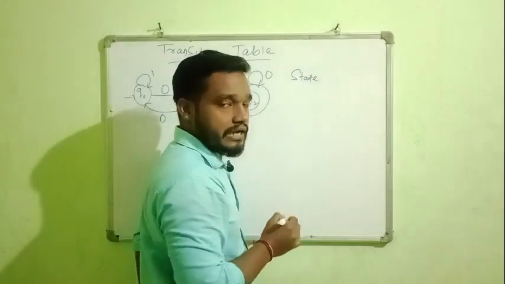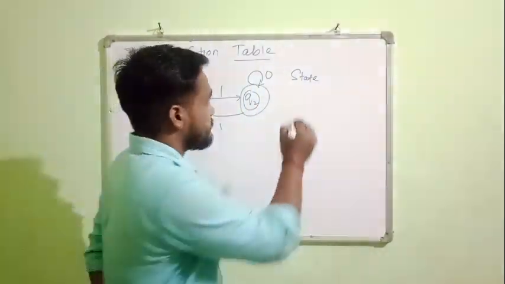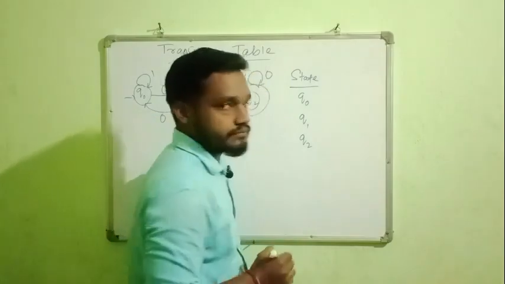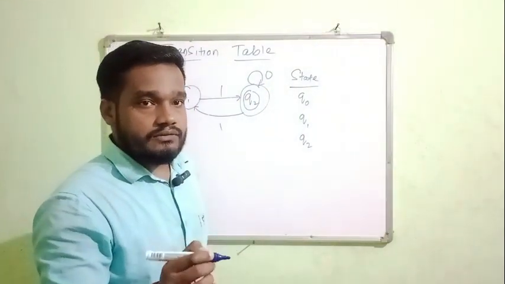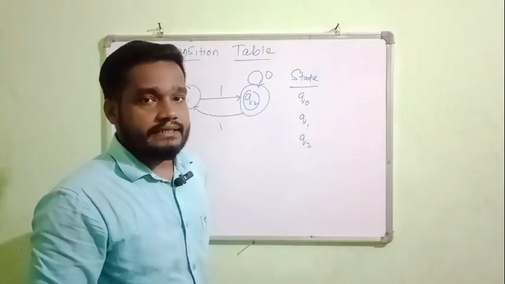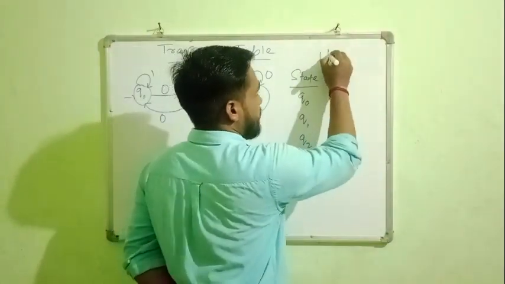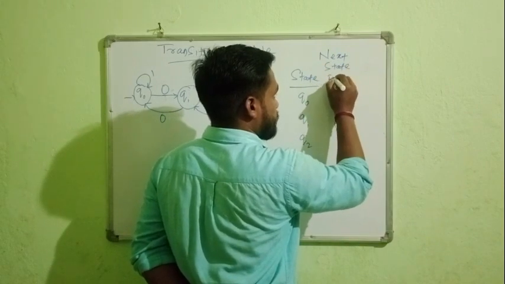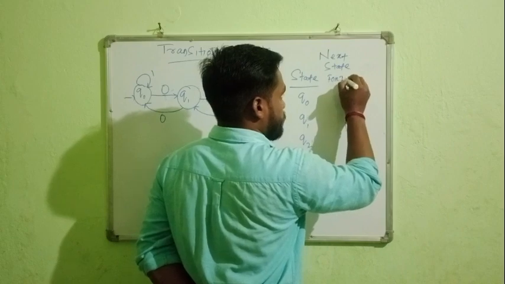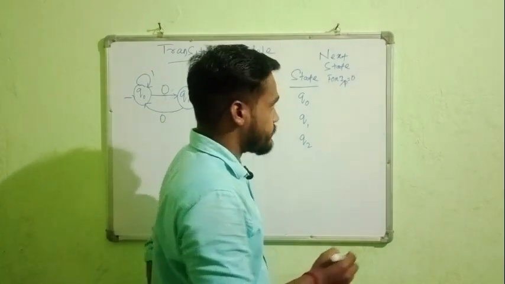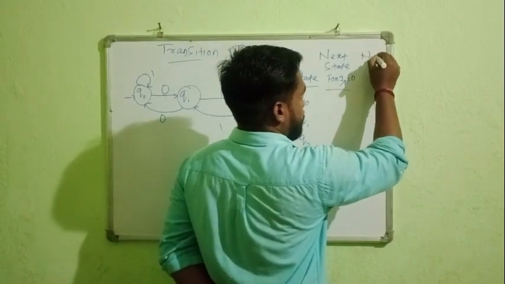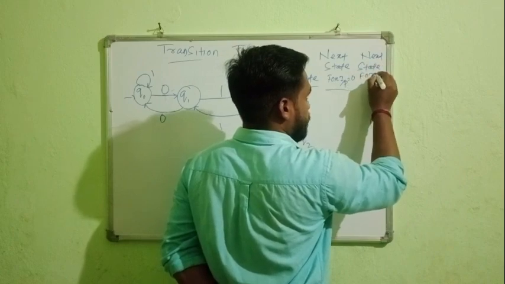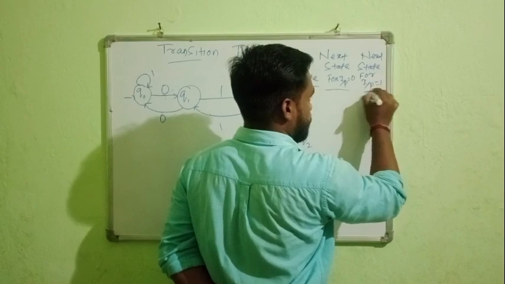State: how many states are used here? We have to write Q0, Q1, Q2, and the symbols which are used here you must write in the transition table, that is next state for input 0, next state for input 1.